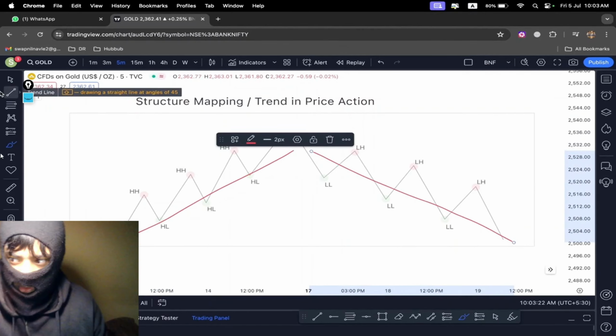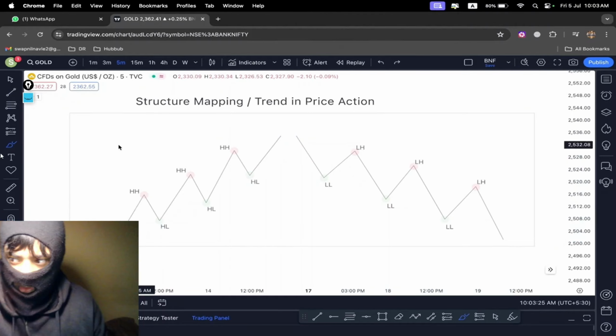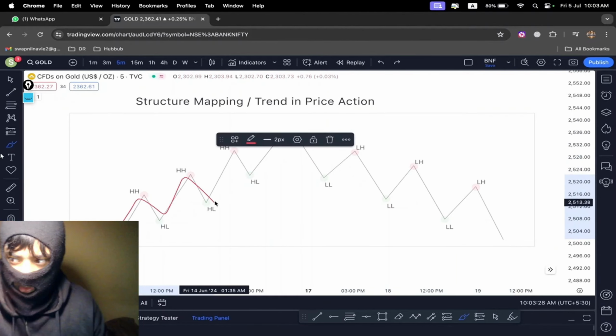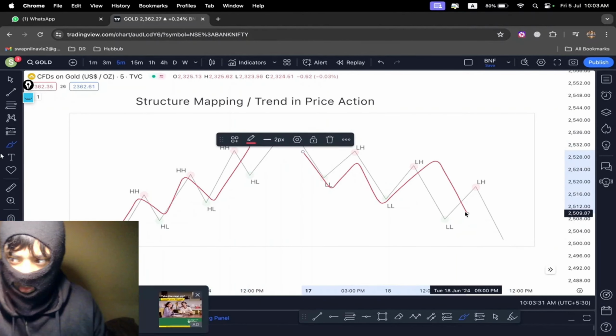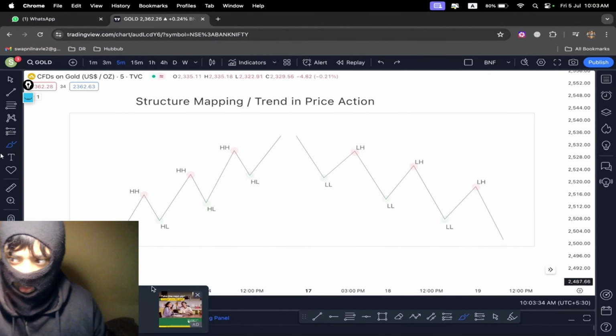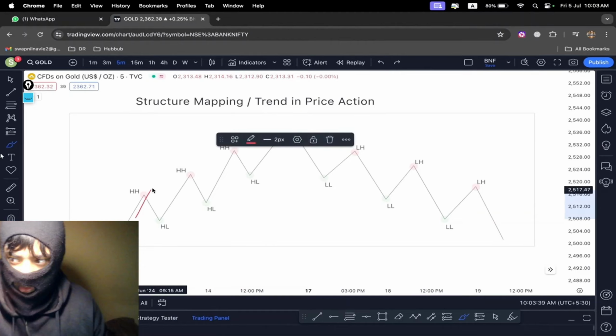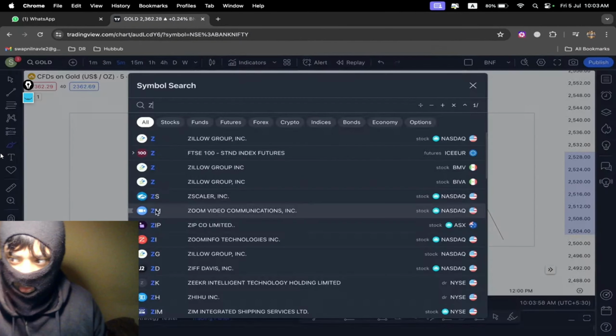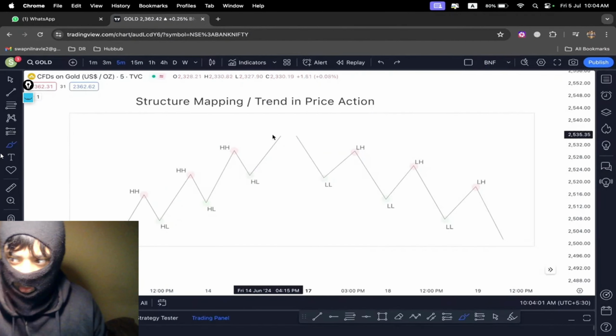You don't have to learn any kind of course, you can just figure it out by looking at the chart at a higher time frame. As I said, you have to go to a higher time frame to see what the market structure is right now, like uptrend, downtrend, bearish or bullish.